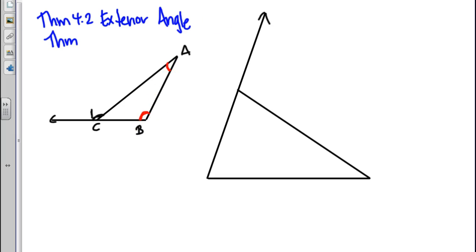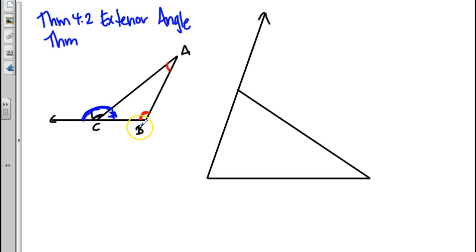Now think about that. That makes sense because these two are a linear pair. Those two add to be 180. This angle is the same inside or if you pair it with the outside. So these three have to add to be 180. These two have to add to be 180. This is the one in common. That means this guy on the outside has to be the same measure as the two on the inside.